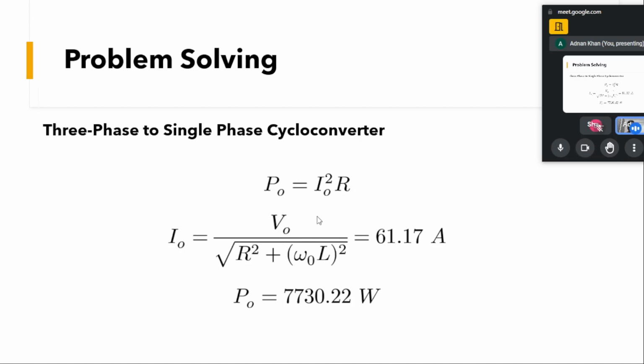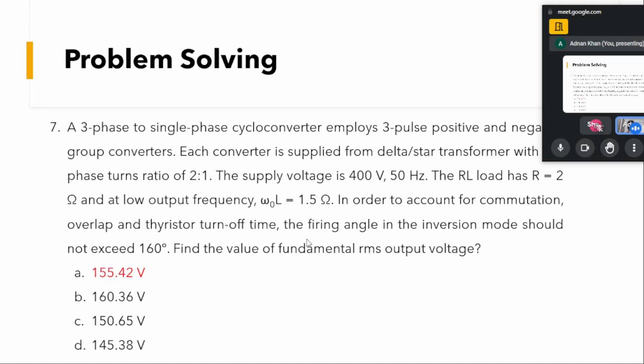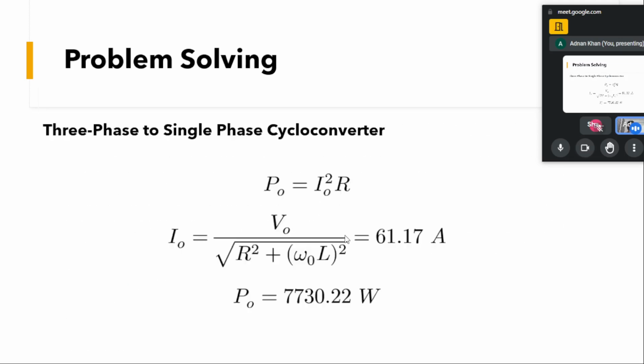We have already calculated that V out, which comes out to be 155.42, and the total impedance offered will be square root of R square plus omega L square. We know R is 2 and omega L is 1.5, so that is square root of 2 square plus 1.5 square. When we solve this, I out comes out to be equal to 61.17 amps.